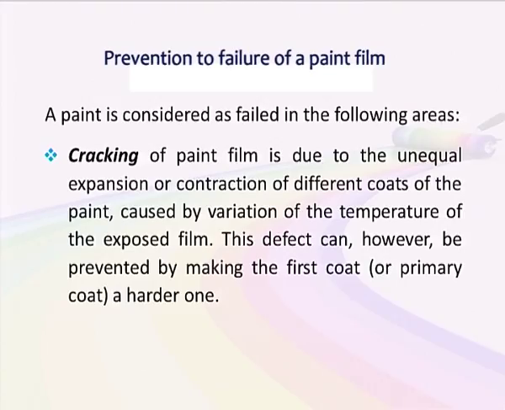Cracking is due to unequal expansion or contraction of different coats of paint, which is caused by variation of temperature of the exposed film. This defect can, however, be prevented by making the first coat a harder one. The first coat is known as the primer coat.